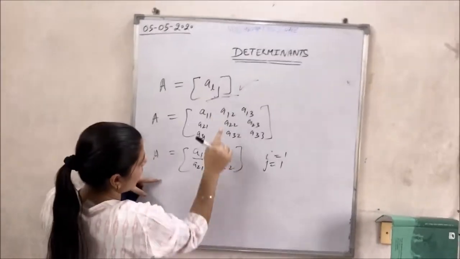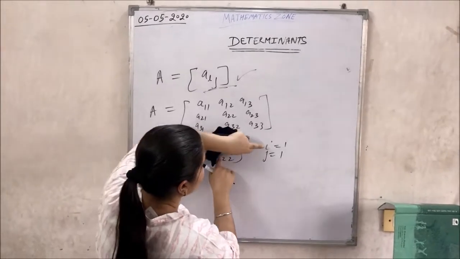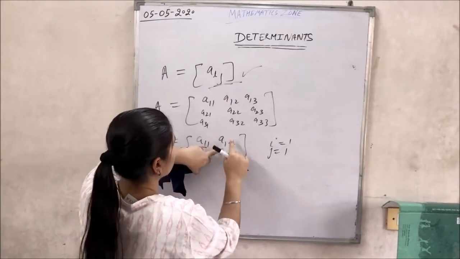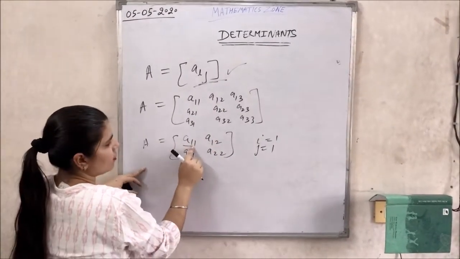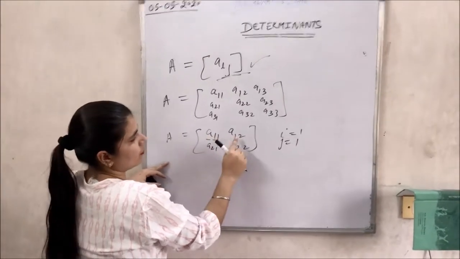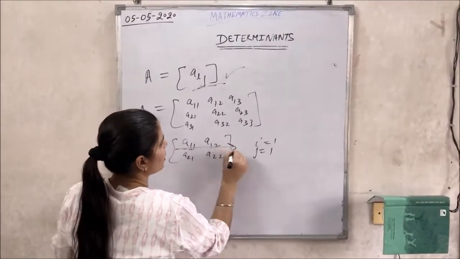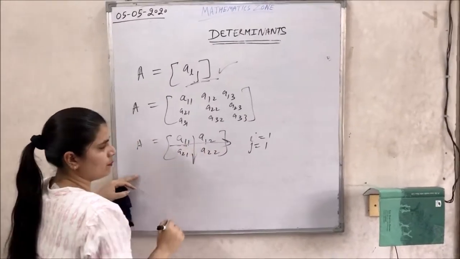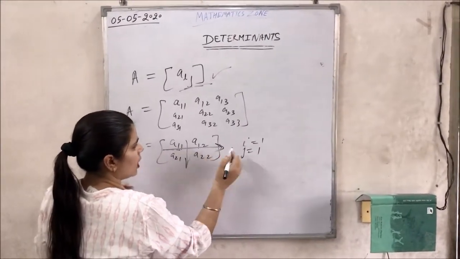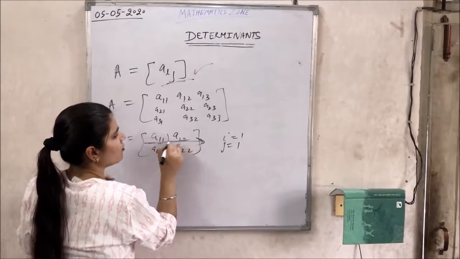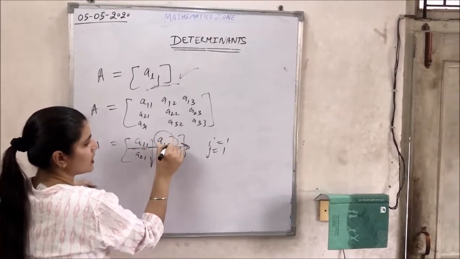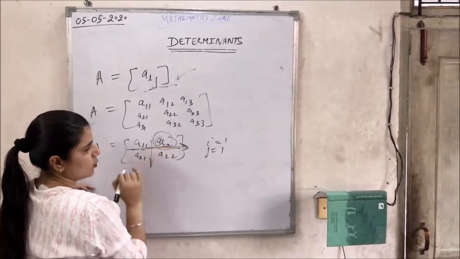And if I put i equal to 1 and j equal to 2, because a11 means first row and first column, a12 means first row and second column. This is a row and this is a column. So I am writing in the first row and in the second column, that's why a12.